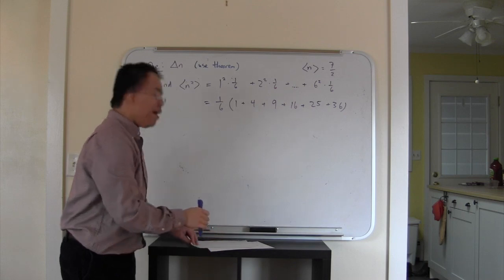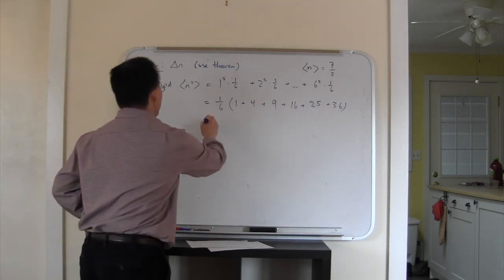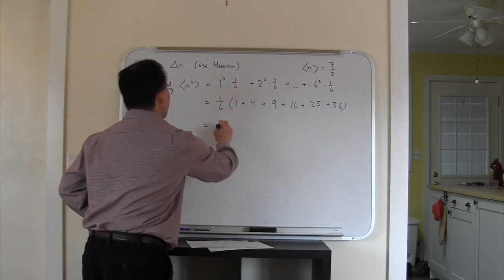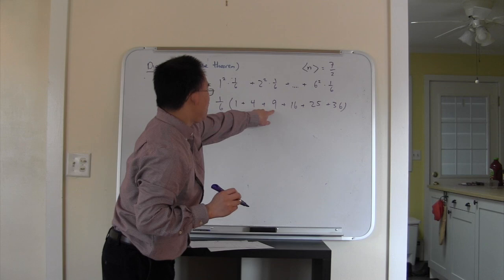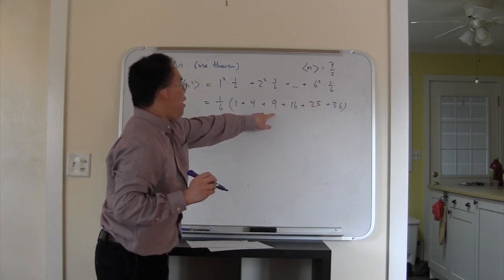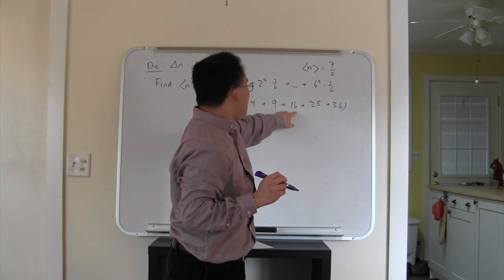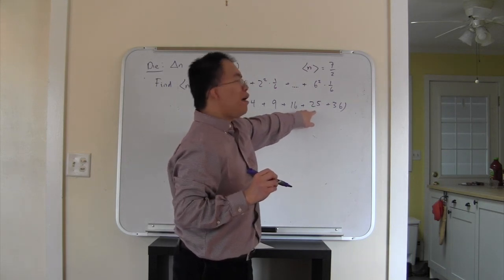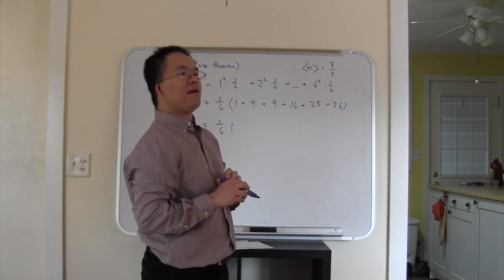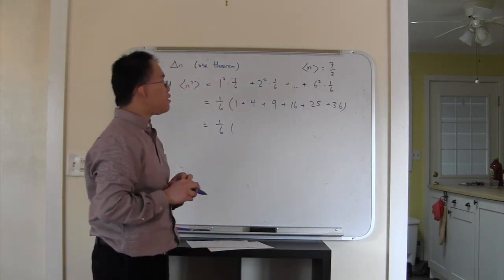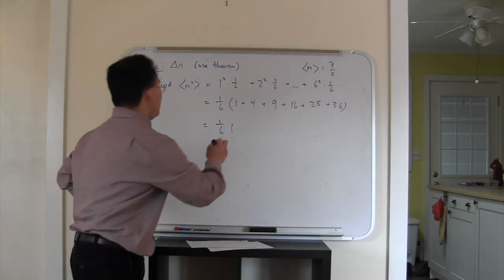Simplifying, 5 and 9 is 14, 14 plus 16 is 30, 30 plus 25 is 55, and then 55 plus 36 is 91.